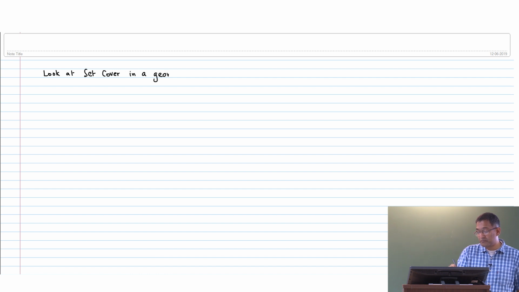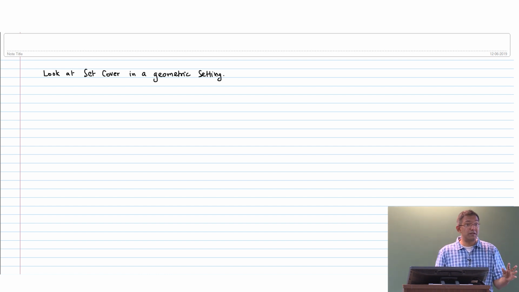So what is our plan? Our plan is to look at set cover in a geometric setting. For general set systems, if you have points and arbitrary sets, then you cannot do better than log n. So our question is, what if the sets come from geometry?